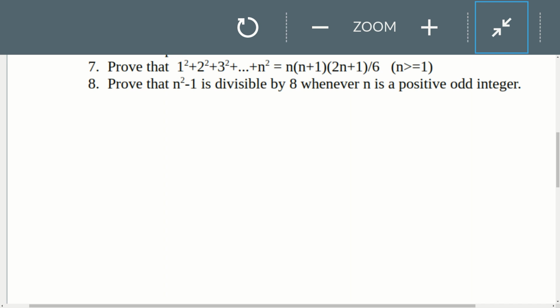I think this will work. You just need to factor this whole thing, 2n cubed plus 9n squared, and then plus... Yeah, it works. But you have to write it up.